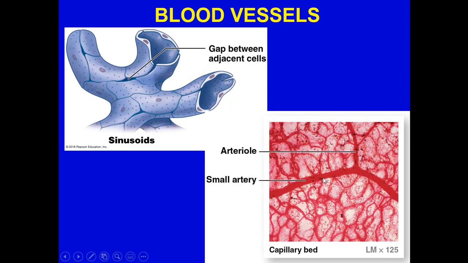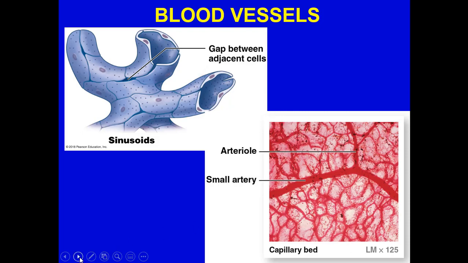This is an example of an image of a capillary bed. Notice that this is a light microscopy image set at magnification 125. Here you have the small artery, and there you have the branching off from the arteriole into smaller capillary beds here, as well as capillary beds throughout here.